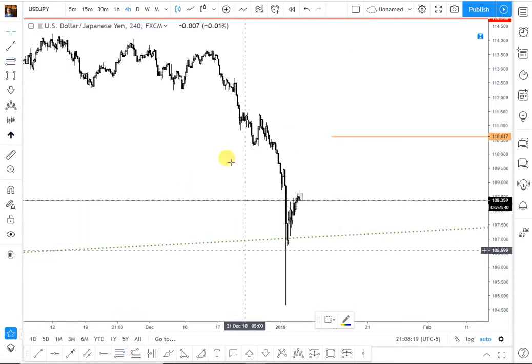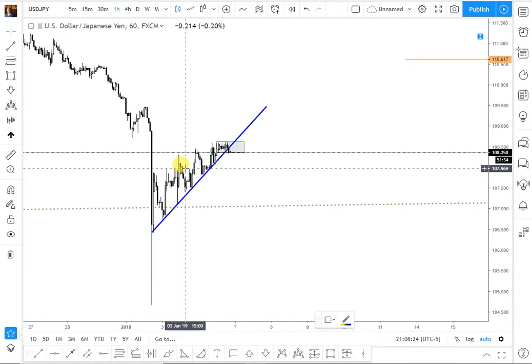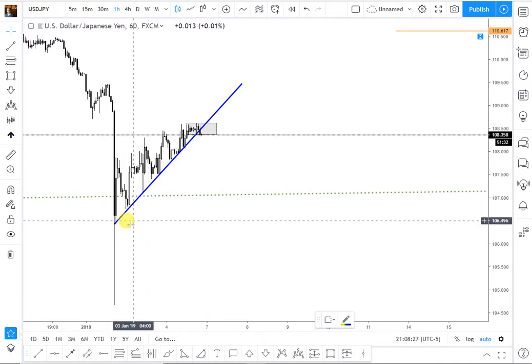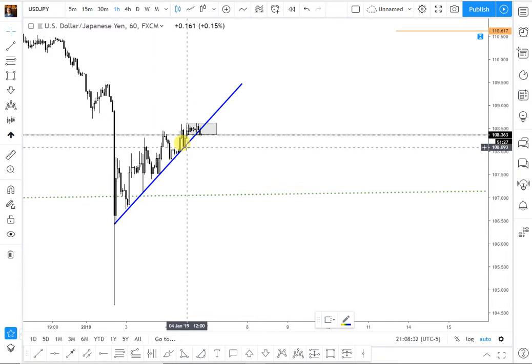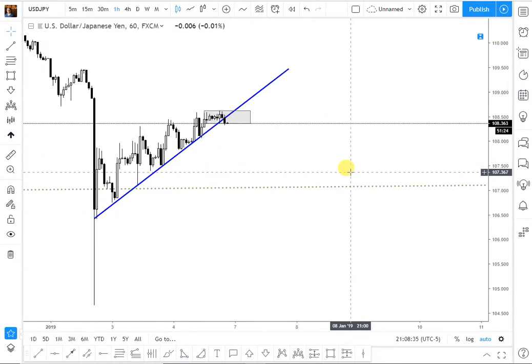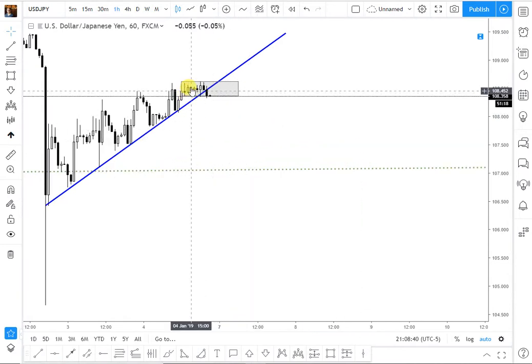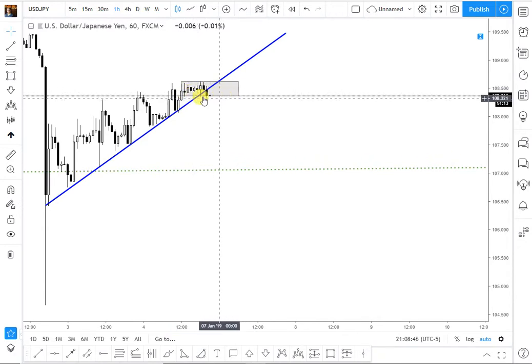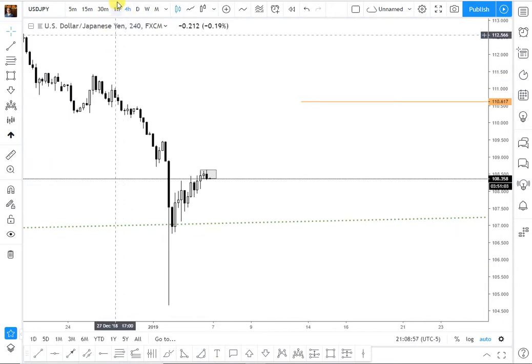Okay, and on the 1-hour time frame we have the support line after this huge drop, which was tested 1, 2, 3, 4, 5 times, or maybe 6 times, and now as we notice the pair started moving sideways for around 4 or 5 hours, and now we are waiting for a break and close of the support line on 1-hour, or maybe 4-hour if you need more confirmation with the price action.